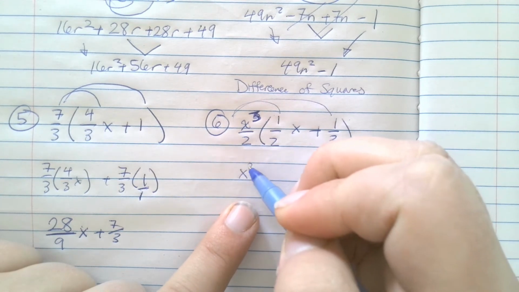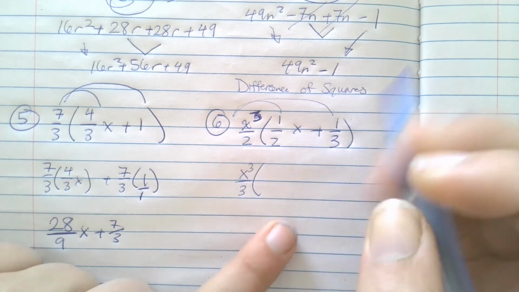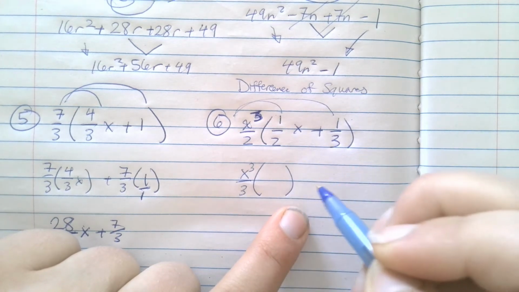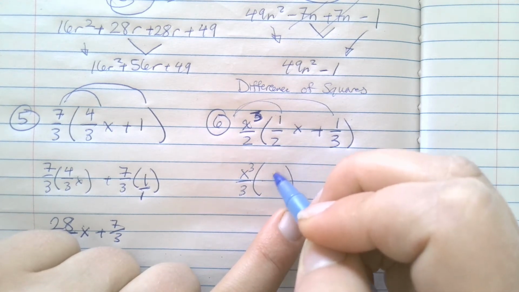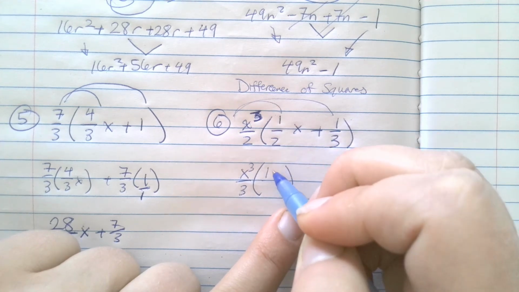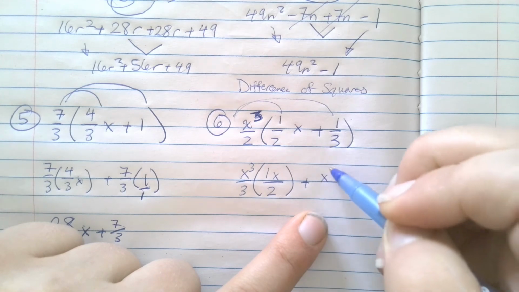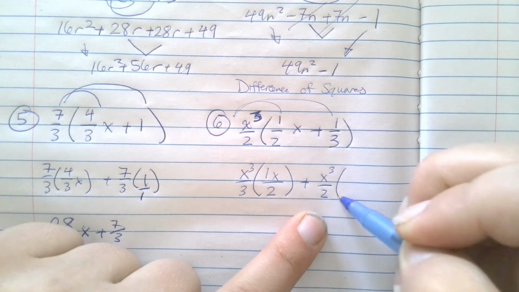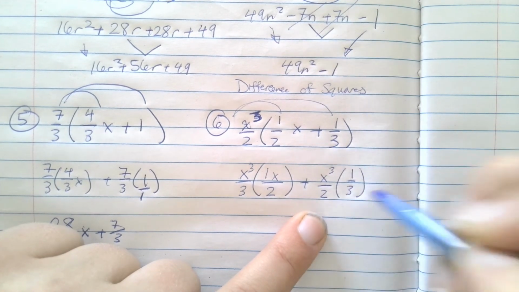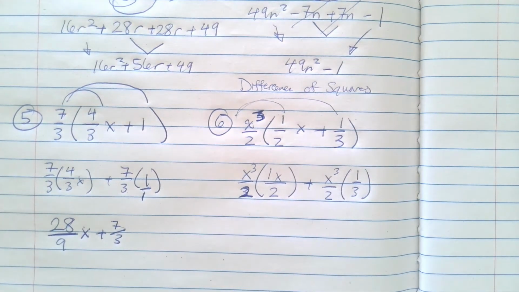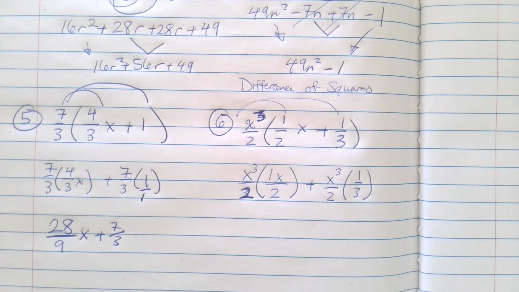I'm going to do the x cubed over 3, and what is it going to multiply by first? I'm going to do this like 1x over 2. Where'd you get the 3 from? Yeah, that's on the first one. That should be a 2. That was just me making mistakes. Good question.